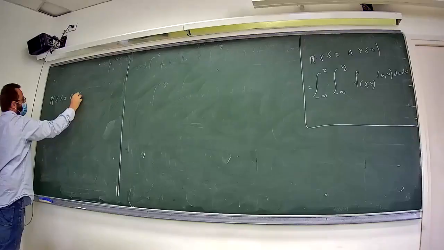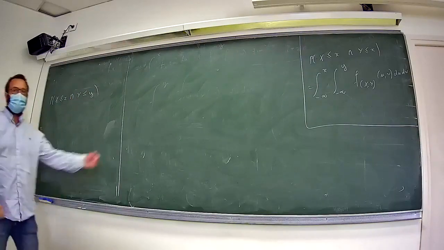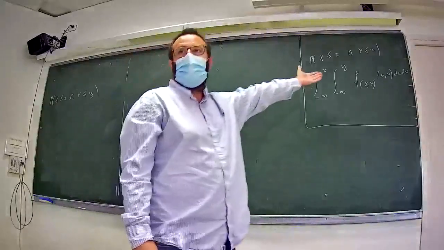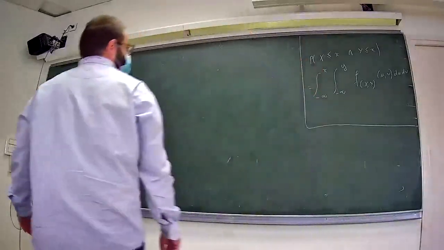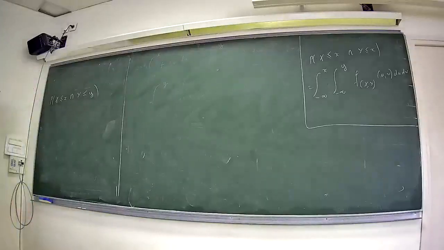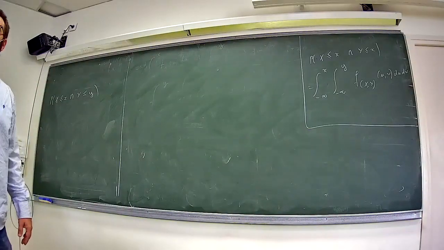I know that my two random variables are jointly continuous, meaning that I have this equality here, okay? And I know that I can compute the integral in the order I want.